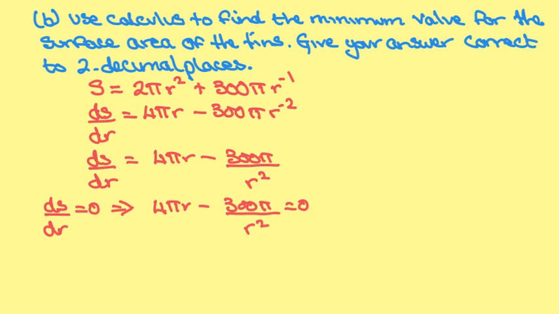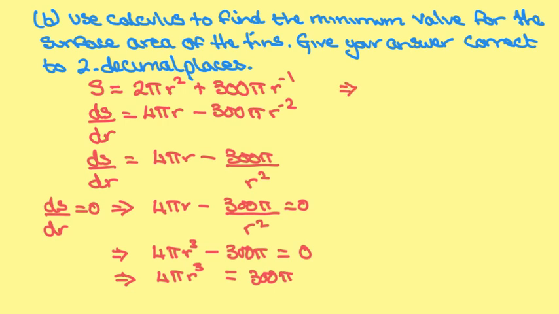I'm going to multiply every term by r squared, so therefore I get 4 pi r cubed minus 300 pi is equal to 0. Therefore, 4 pi r cubed is equal to 300 pi.